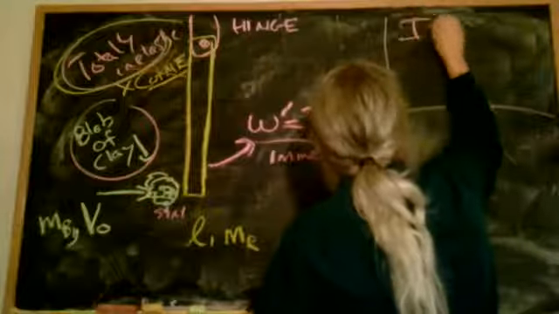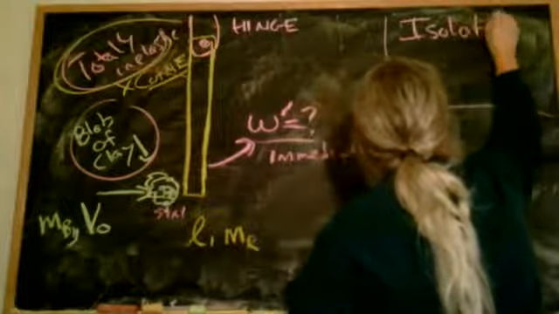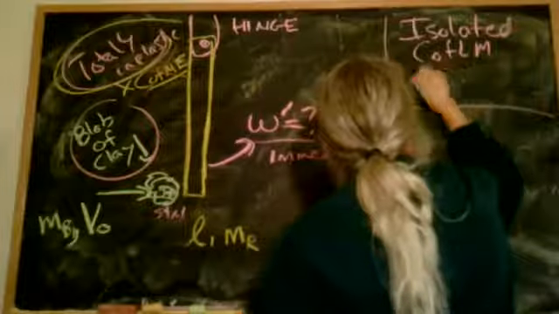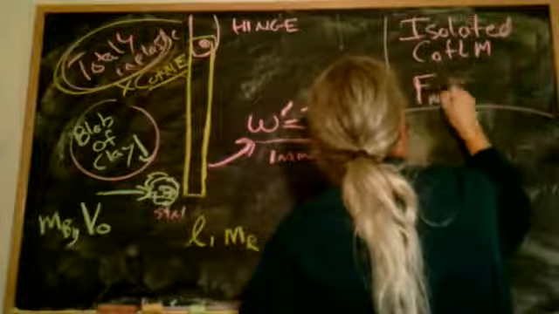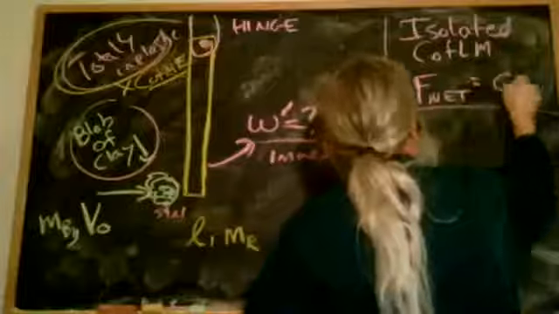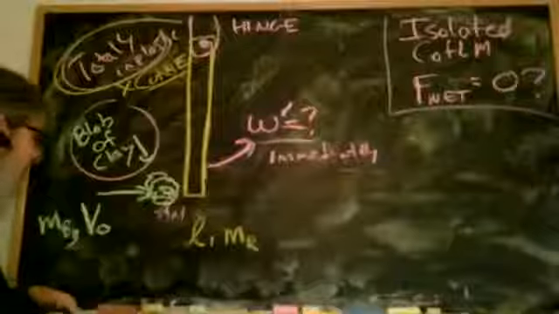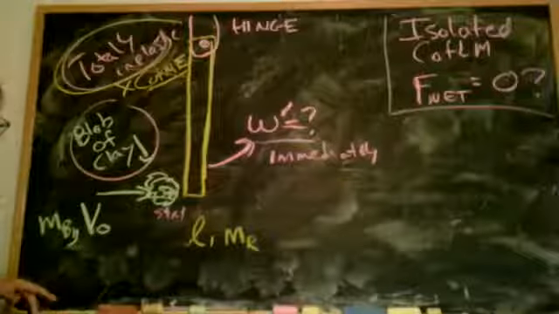Why? Because for this system, the condition of isolation for conservation of linear momentum is the requirement that the net force is equal to 0. Is that condition true here? Well, let's figure it out.